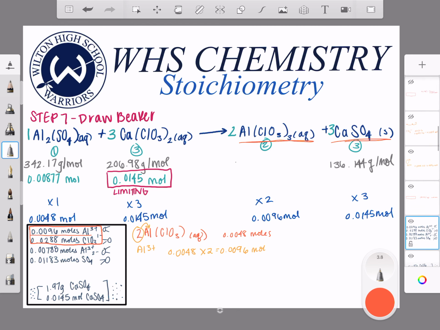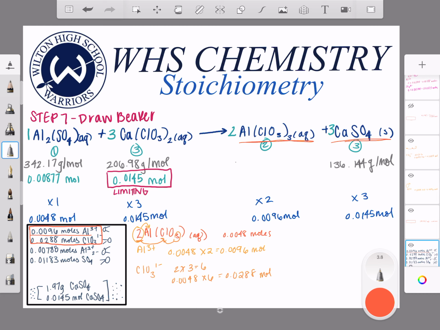Secondly, for the ClO3 1- value, there's a 3 subscript and a 2 coefficient, so 3 times 2 is 6. We multiply this value here by 6, and that gets us our mole value of 0.0288 moles of ClO3 1-. So that's how we get those mole values for our ions on the product side right here.